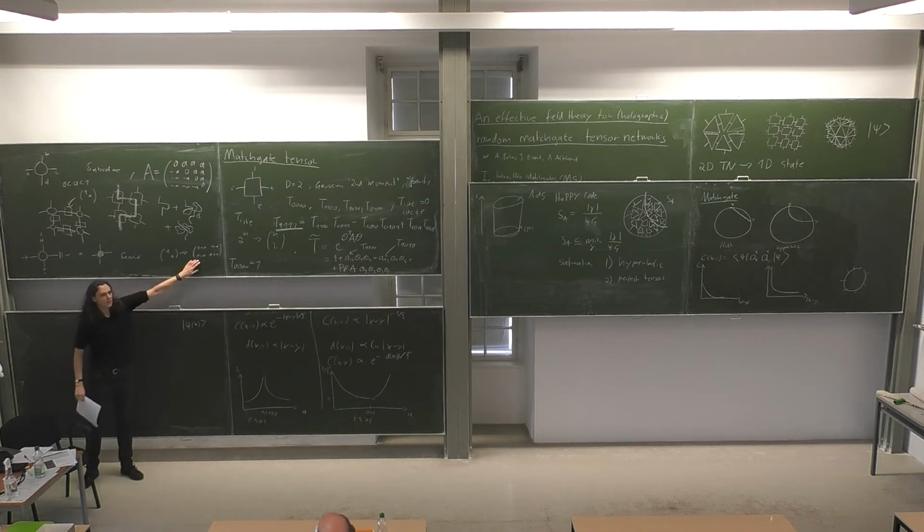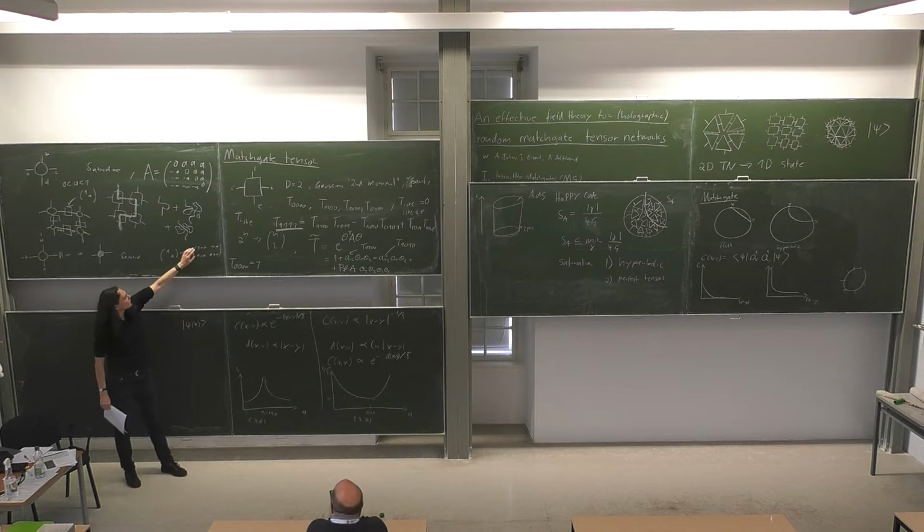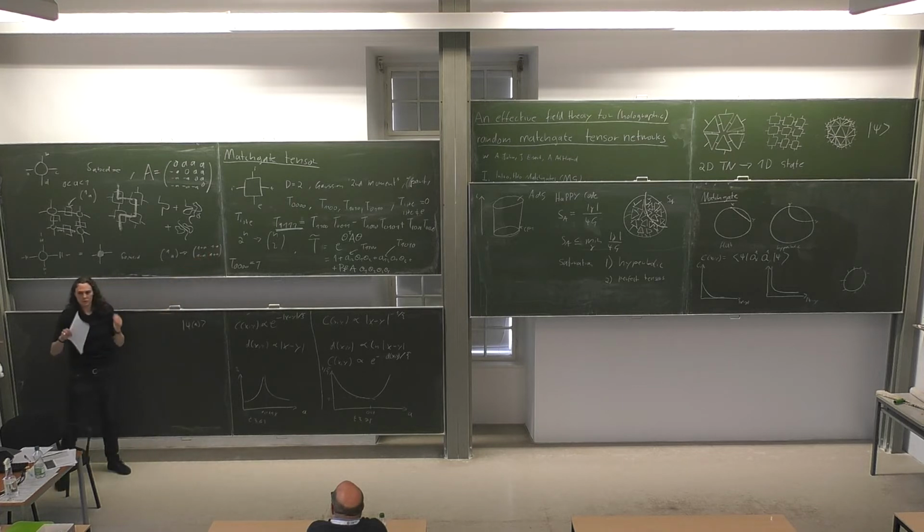But this is nothing but the transfer matrix of the classical 2D Ising model that Paul has discussed this morning. So this tells you the weight of the partition function for 2 spins that are next to each other and are both down. This is the element for both up, and these are the odd spin configuration entries.